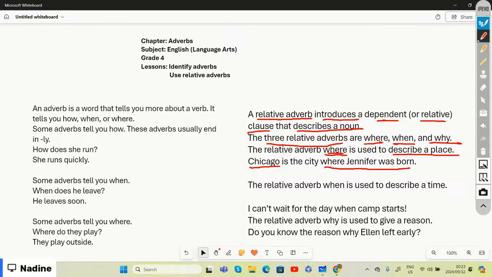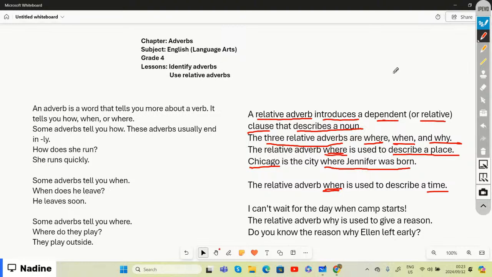And then the relative adverb when. It is used to describe time. Remember, we said where describes place, when describes time, and how describes manner, right? So once again, here they're even telling us where is used to describe a place, when is used to describe time.